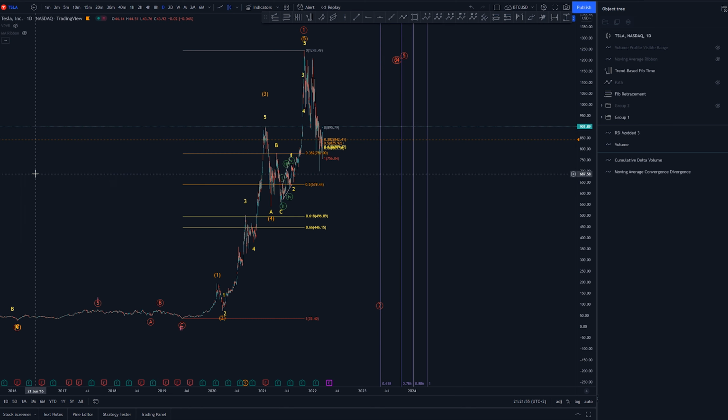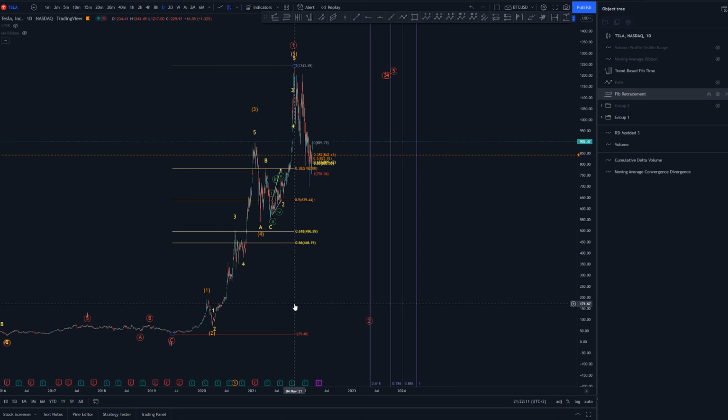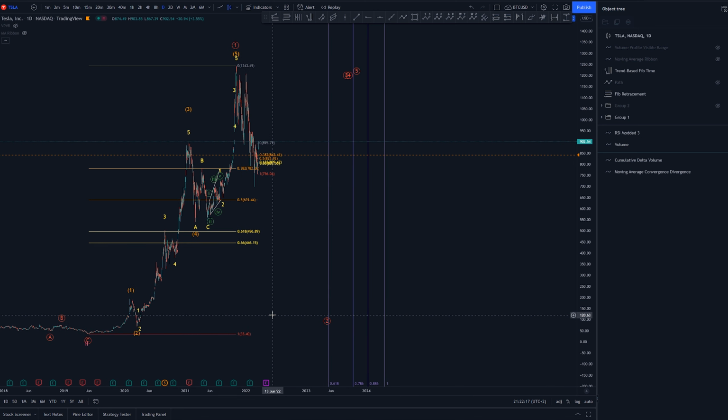It started around 2010 and soon topped out on that alleged primary 1 of that cycle 1. So we don't really have data back there to compare this wave structure to, either in time or price.